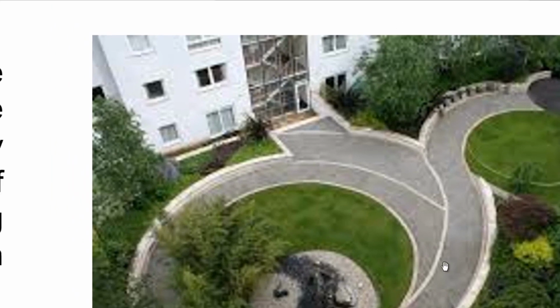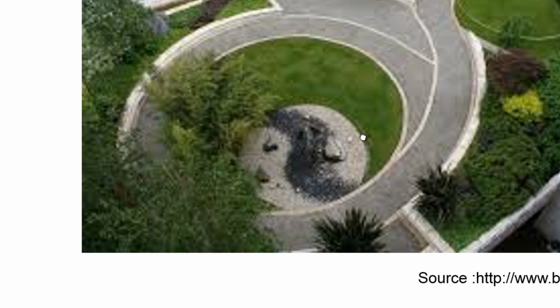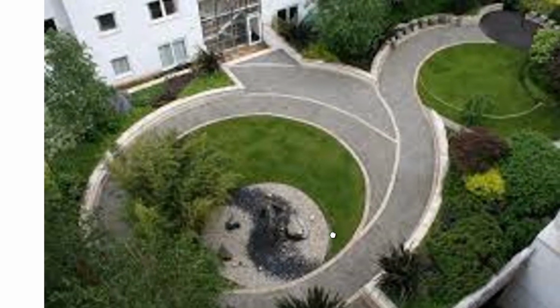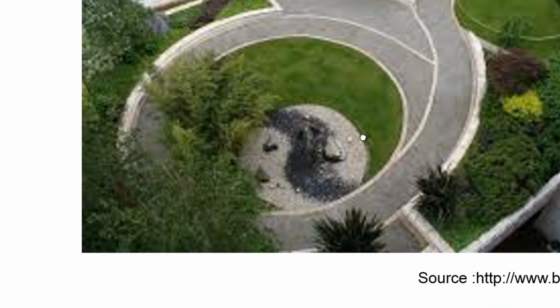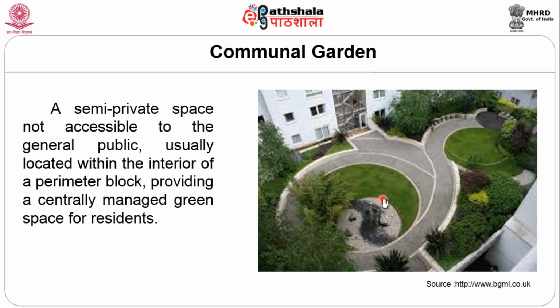In this photograph it is enclosed on all sides so that nobody can enter, and we can find some hard pavements and some green areas, well connected, which gives a sense of garden belonging to the users.